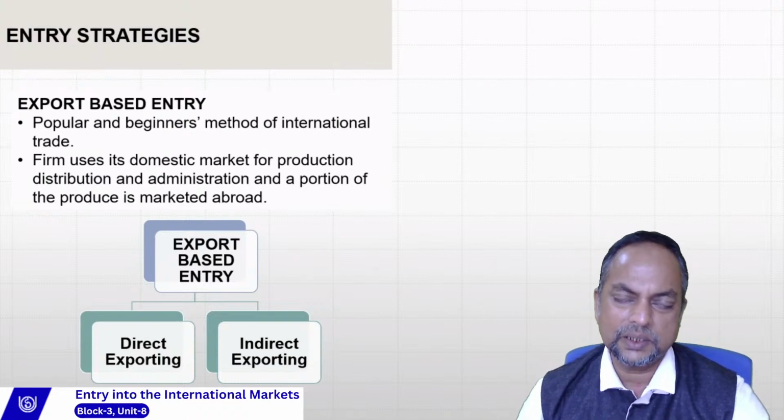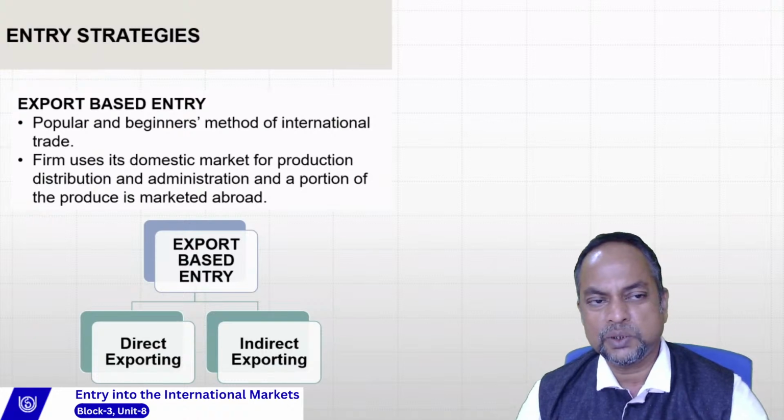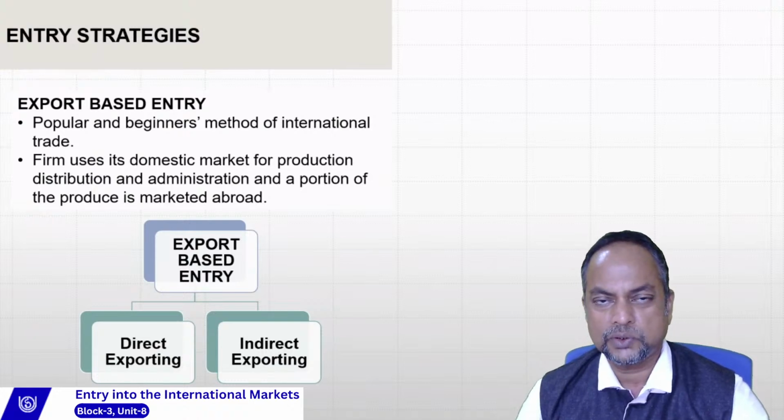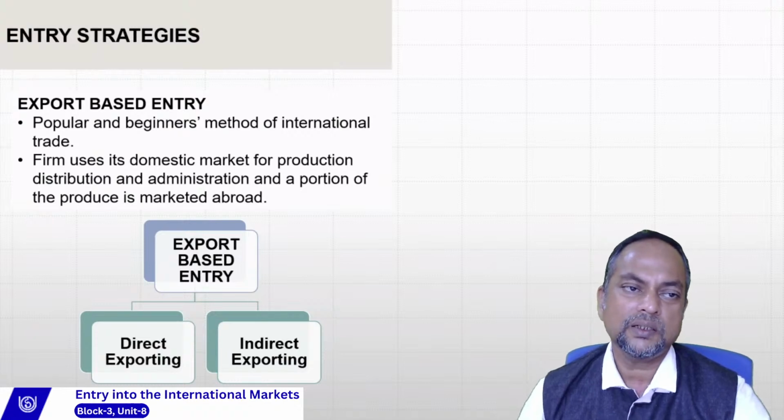So export-based entry is one. Number two is the non-equity based entry, where we are going to discuss all of those in detail, right? Different sorts of entry strategies that the organizations can have as a part of their entry strategy, right?